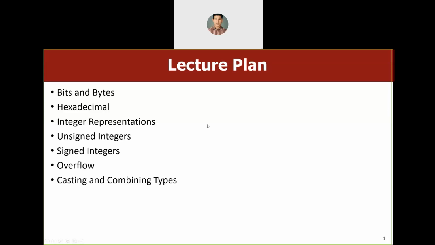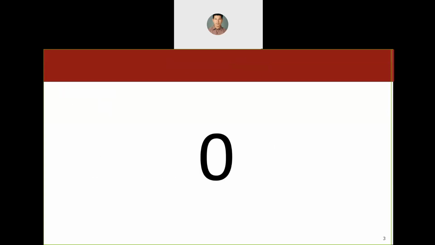Okay. We'll start with bits and bytes initially. So what is a bit? As we have discussed yesterday and the day before yesterday, bit is a binary digit. So in a single binary digit, I can store either binary 0 or binary 1.